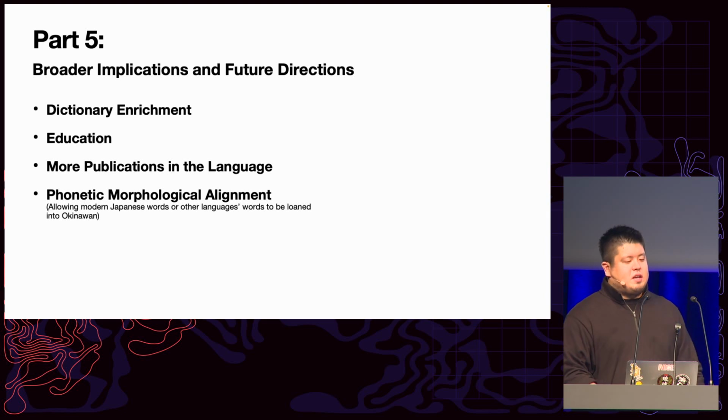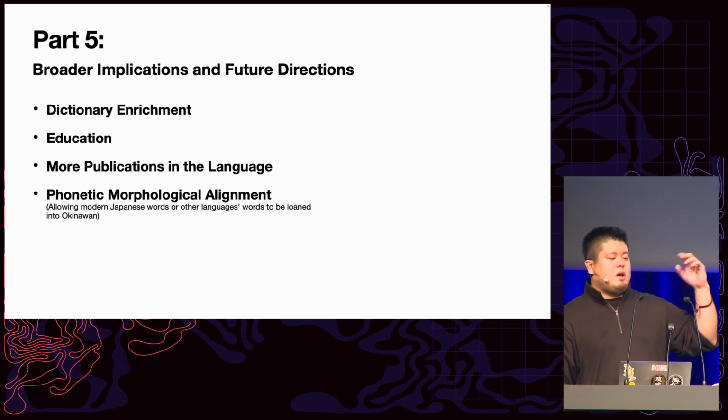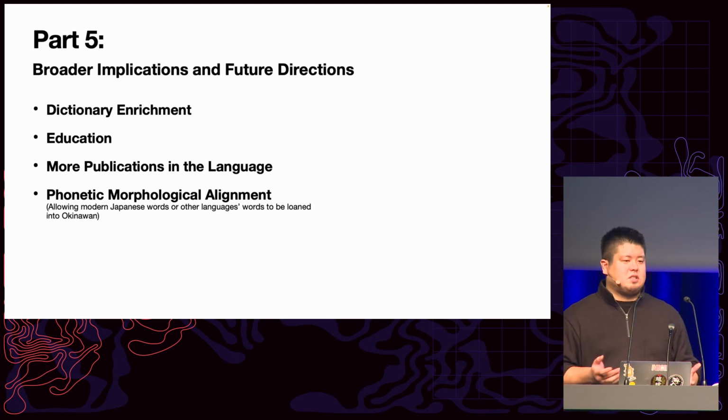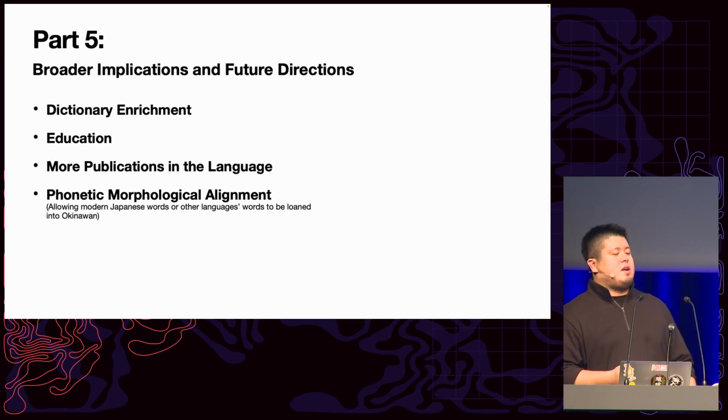So the broader implications and future directions: one is that conversion from the hiragana or Okinawan characters onto the kanji characters has to have a dictionary, and of course the dictionary cannot be made at a machine learning level, unfortunately, because there is not much digitized data in the first place, so I need to work on that.